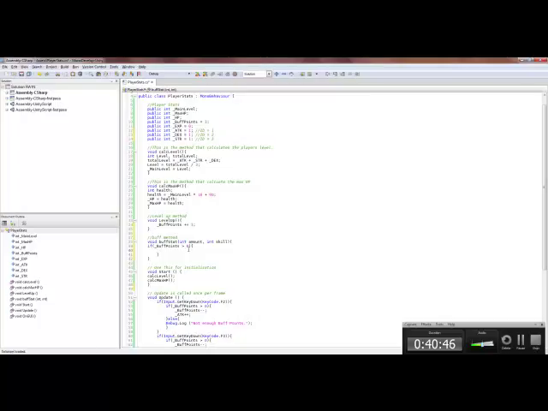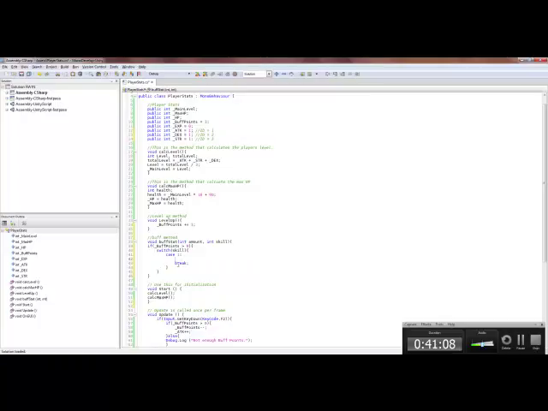Okay, so now what we're going to do is add a switch, and that switch is going to consist of our skill integer that we introduced. And it's going to light up yellow, and that's just a warning because we don't have it actually assigned to anything. And we're going to do case 1.